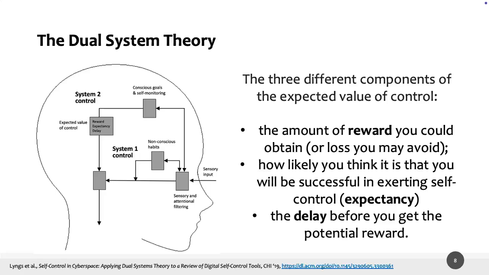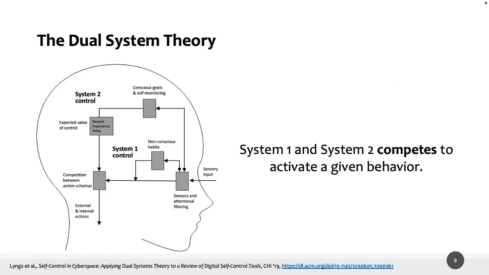So in our brain there is this sort of cost-benefit analysis around these three factors, and this determines if I'm able to suppress an automatic habit or not. So system 1 and system 2 compete to activate a given behavior, and what wins is the behavior that gets the strongest activation in our brain.